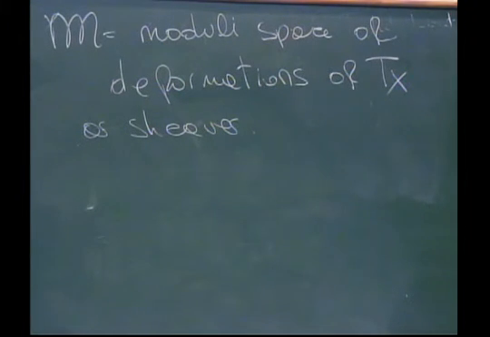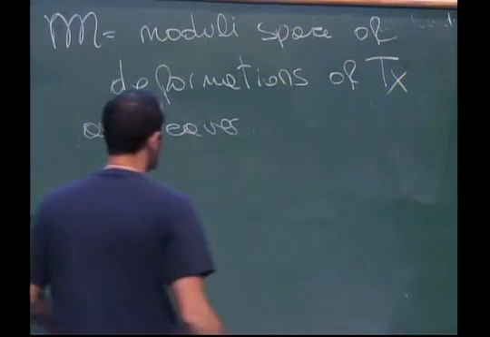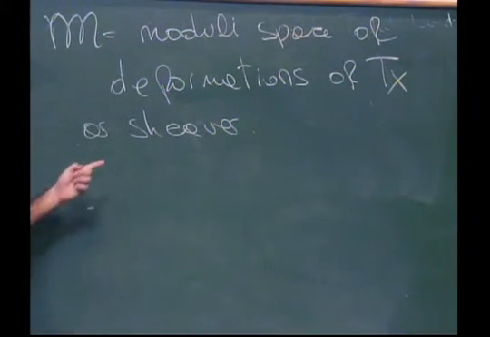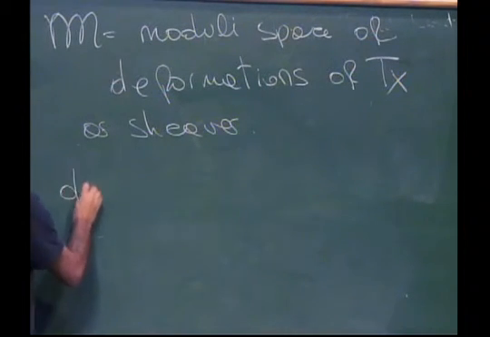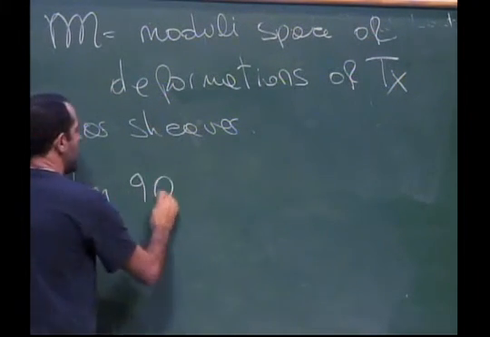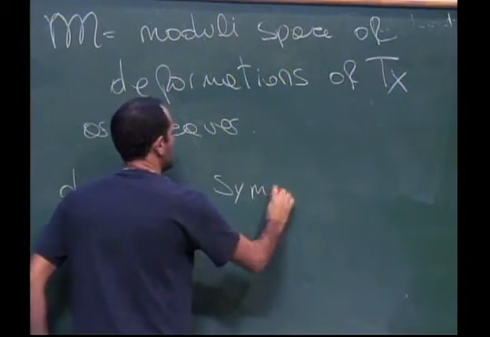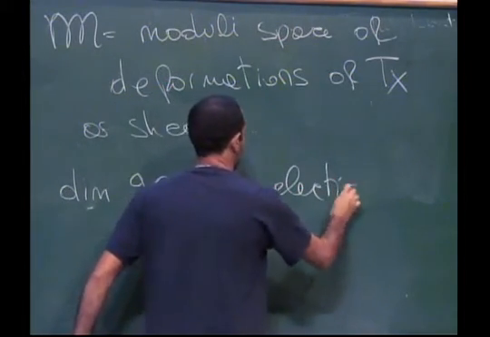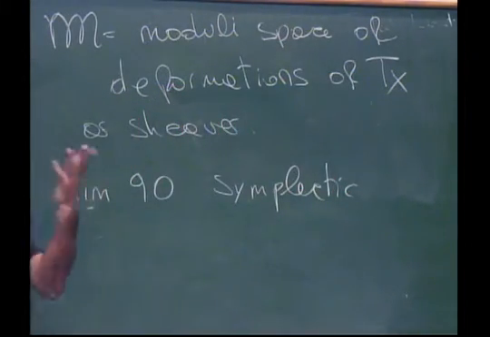Mukai studied this manifold. Mukai did a lot of work on these things for K3. And this is a holomorphic symplectic manifold. This is a manifold that has dimension 90 and is symplectic. Holomorphic symplectic in the sense of Sasha's talk.